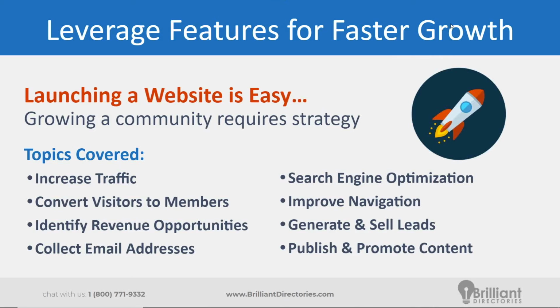And specifically, the types of features we'd like to talk about are ones that can help you increase your traffic or improve your SEO by keeping visitors on the site longer, tips to help convert visitors into free or paying members depending on what your model is. And one of my favorites is how to help improve your website's flow and navigation. I think that's a big pillar to a successful online community, is giving your visitors a clear call to action.